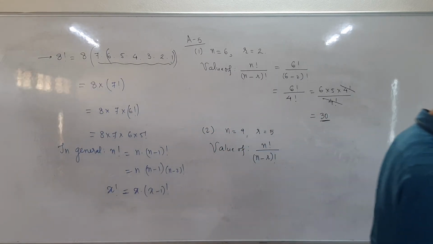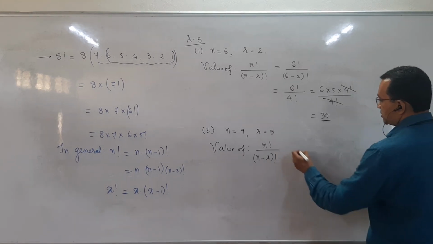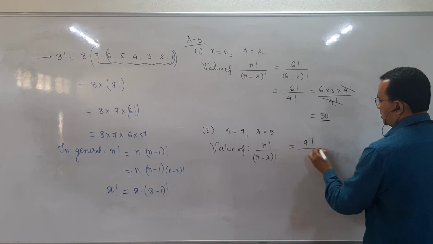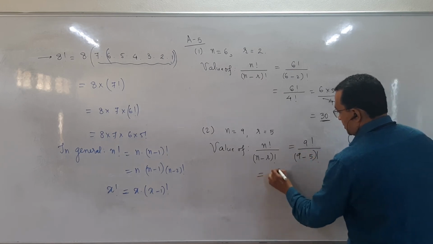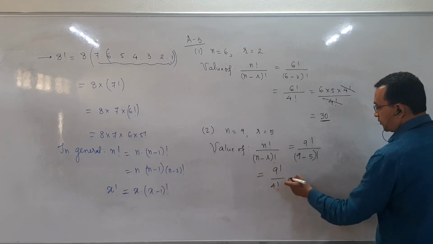If the number is very big, like 16 factorial, 20 factorial, or 29 factorial, then finding the factorial is a very difficult job. So this is written as 9 factorial upon 9 minus 5, so this is 9 factorial upon 4 factorial. Reduce 9 down to 4.